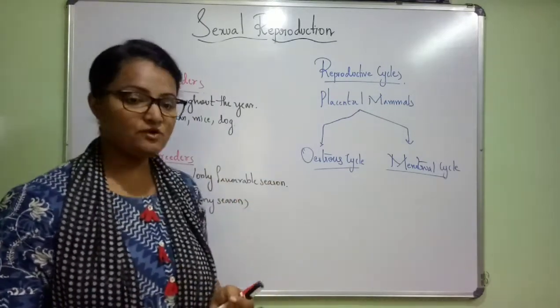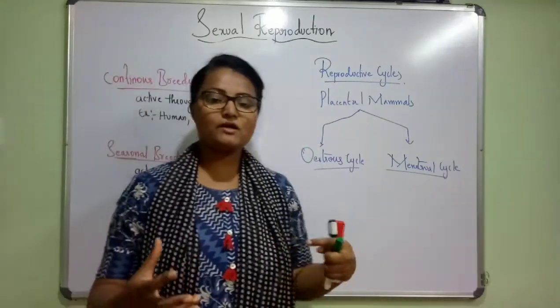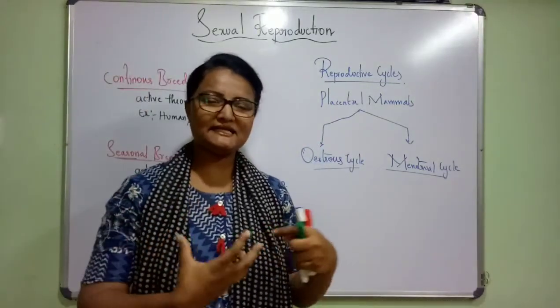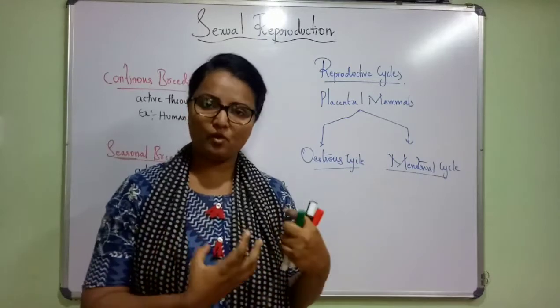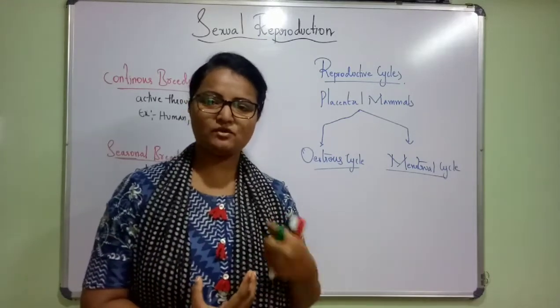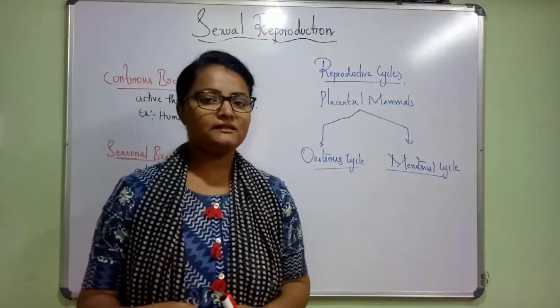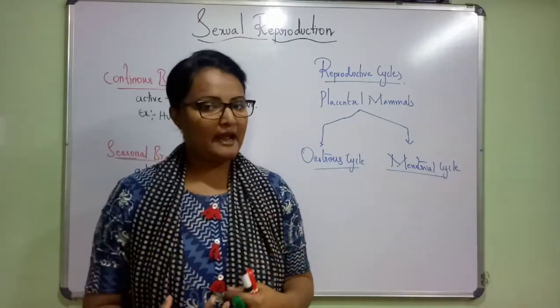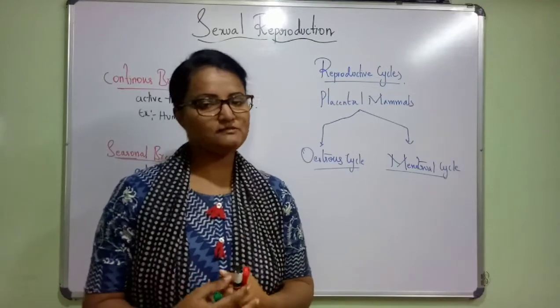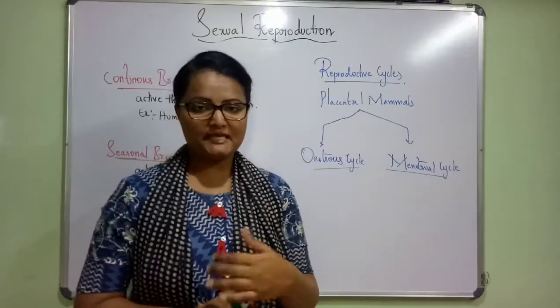And the next is based on reproductive cycles. Reproductive cycles are the cyclic changes taking place in the ovary, based on hormones, the egg development, or in the reproductive tract. This we call reproductive cycles.